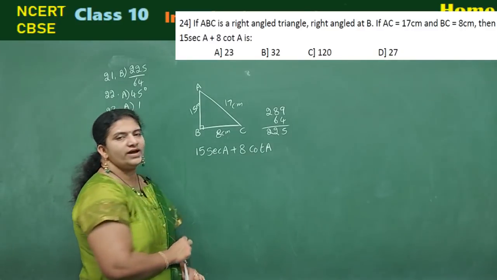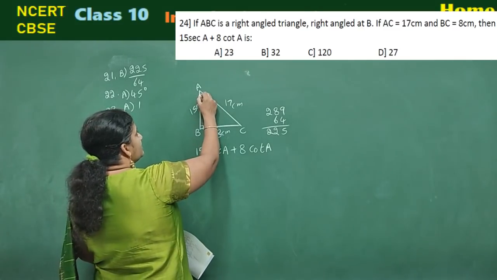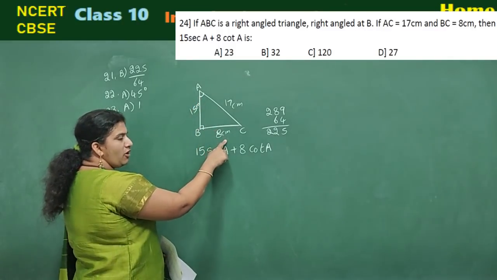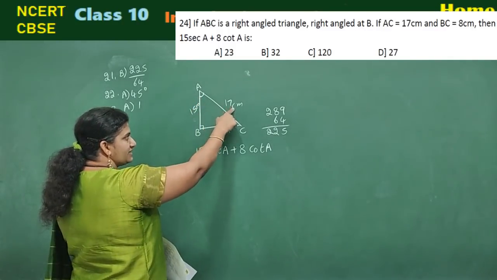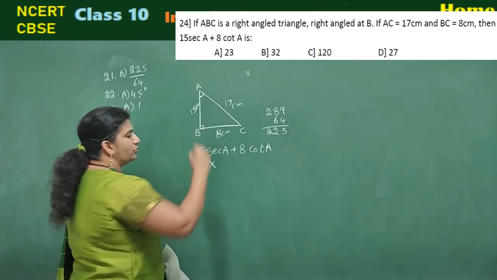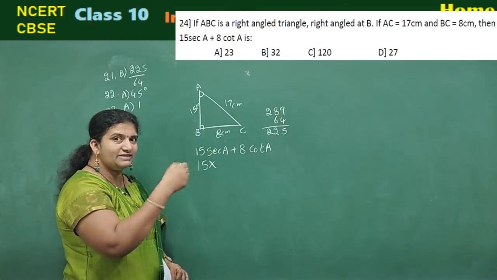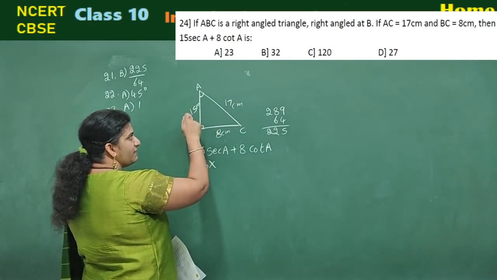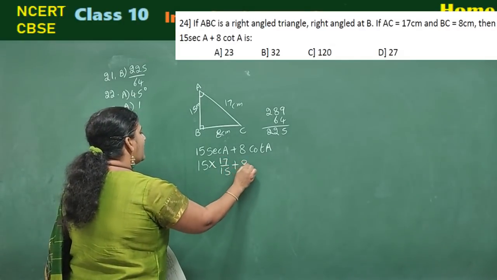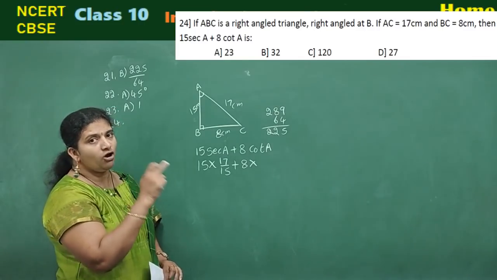Now we need to find secant A and cot A. Observe here, your angle is here. For this angle, this will be opposite, this will be adjacent, and this is hypotenuse. That means 15 into secant A, which is hypotenuse by adjacent, 17 by 15, plus 8 into cot A, adjacent by opposite.